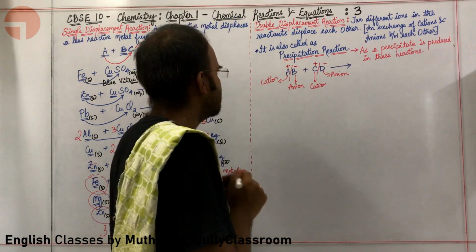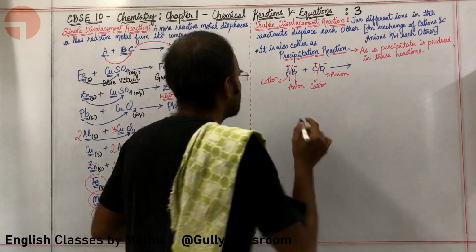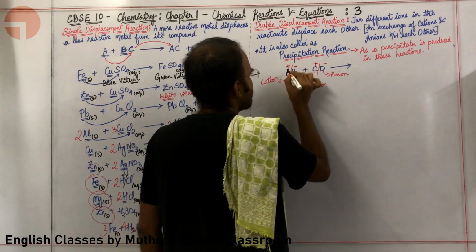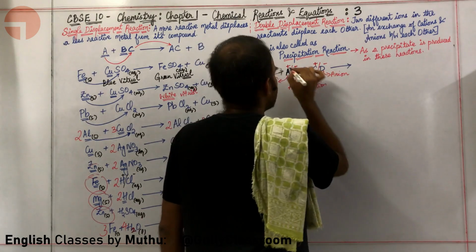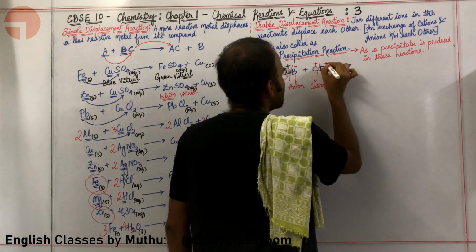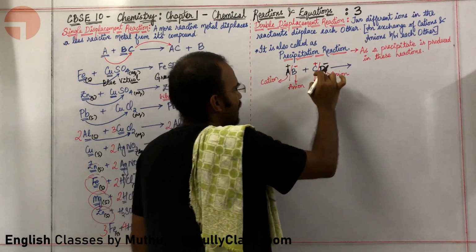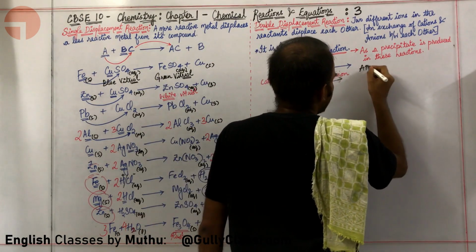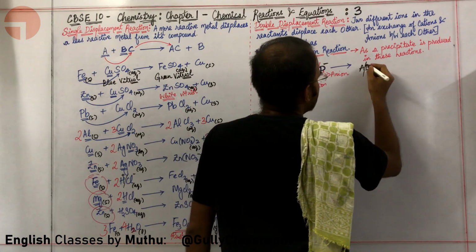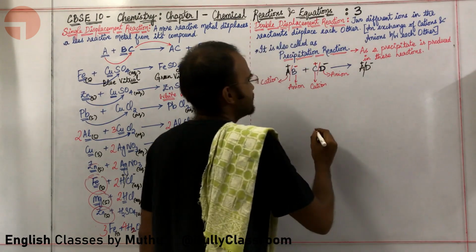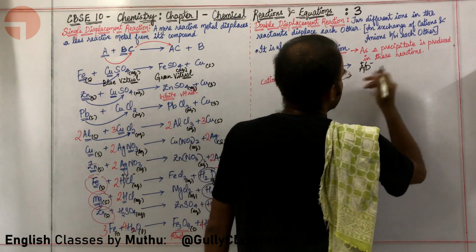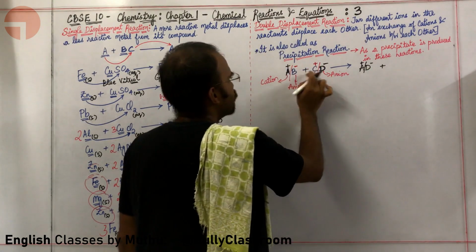Now what is happening? Check this out. Here, the cation of the first compound, A, is combining with the anion of the second compound. A is coming out and combining with D and forming AD. Here, A is the positive ion, D is the negative ion. What about the other two ions?